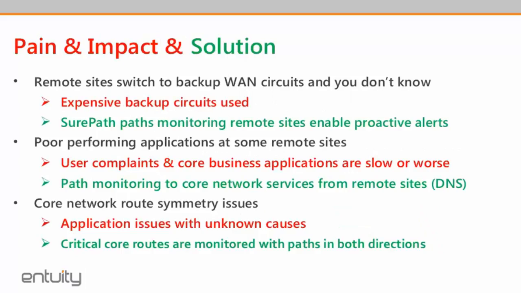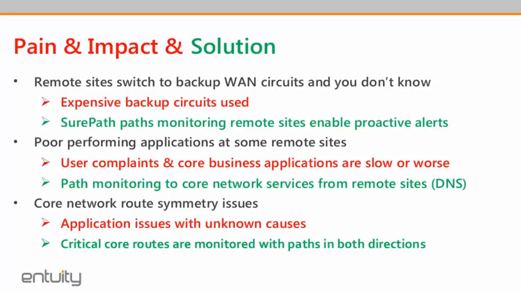I'll cover a few potential use cases or pain points that customers experience and where SurePath can be utilized to help there. Many of our customers today deploy wide area networks that utilize both a primary and a backup circuit across a wide area network. Remote sites can switch to these backup circuits, and in many cases, administrators do not know that they're on the backup circuits.